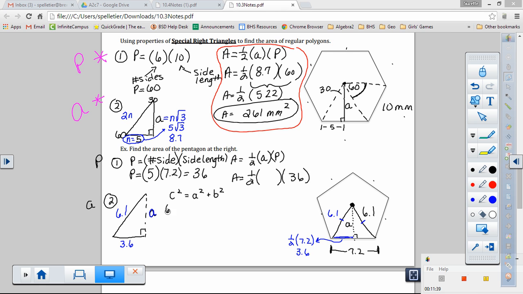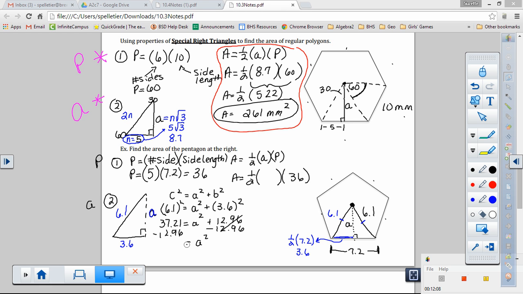So my hypotenuse is 6.1, and I have a squared plus the 3.6 squared, right? 6.1 squared is 37.21. A squared, and then here I get 12.96, and then I have to, of course, subtract that from both sides to get the a squared by itself.